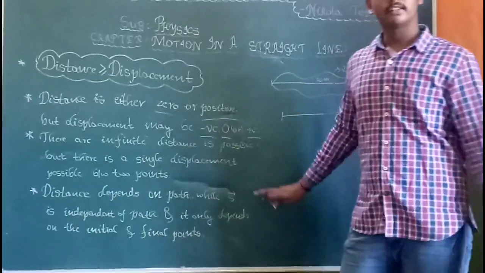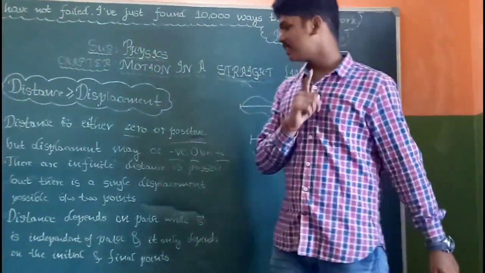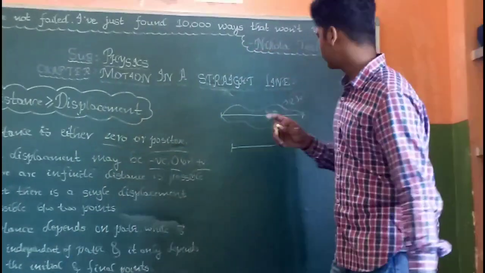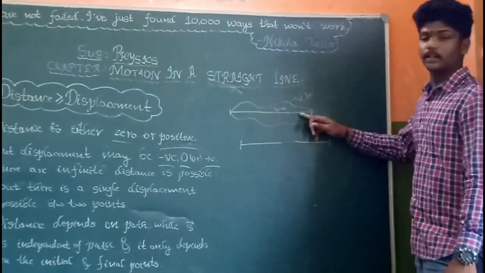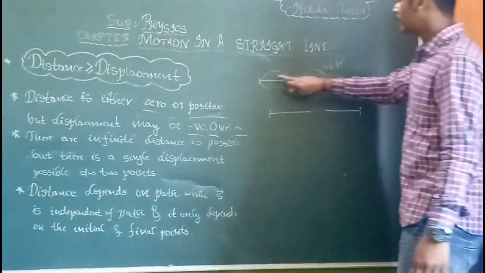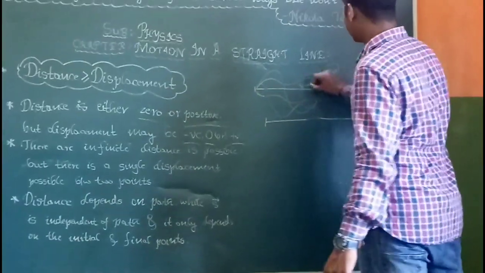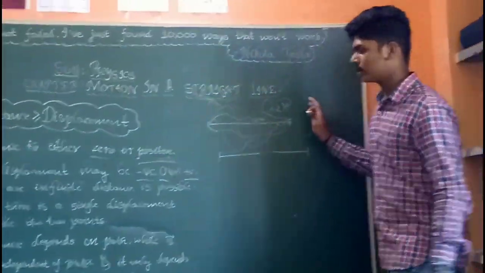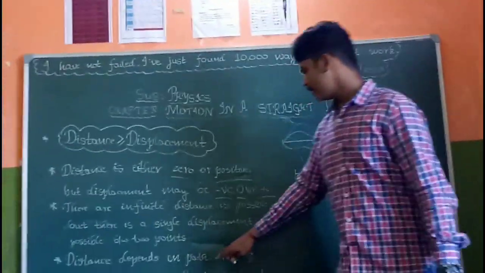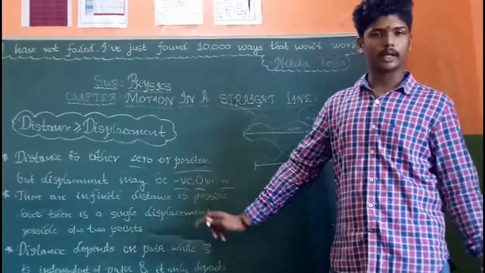There are infinite possible distances, but only a single displacement between 2 points. Consider this situation in which displacement is only this path, but distance is this, or even this, and so on. So distance depends on path, while displacement is independent of path.